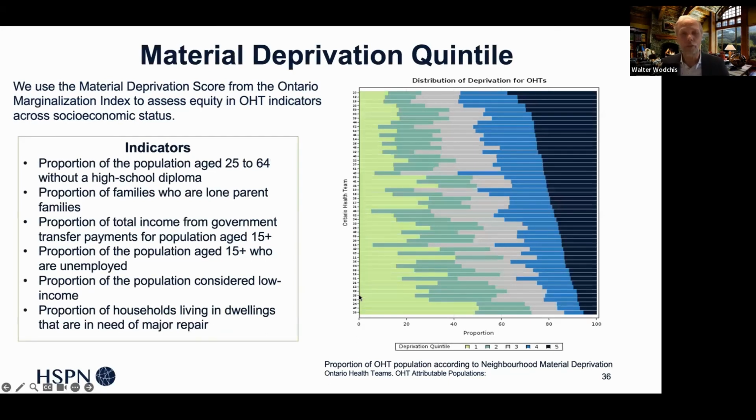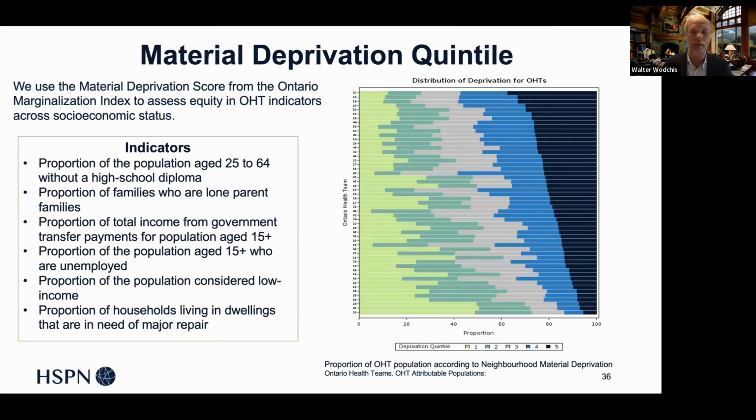So material deprivation: the graph on the right shows, in each OHT, the proportion of the population that lives in most deprived neighborhoods versus least deprived neighborhoods. A low deprivation quintile, the very bright green, is a relatively wealthy neighborhood, not a lot of deprivation. Those indicators that go into the deprivation index are shown on the left side of this screen.